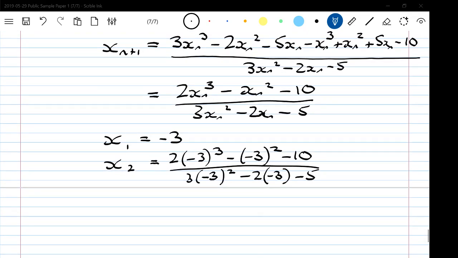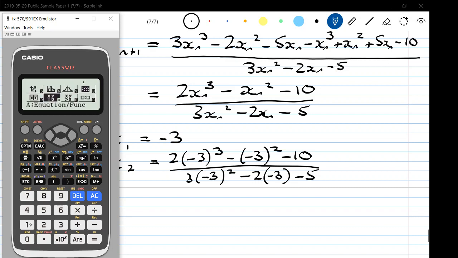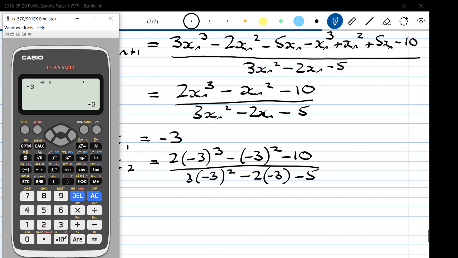I'm going to set this up in the calculator. We know how to do this, don't we? If we go to, we're going to put in minus 3 as our first answer and then do twice the answer cubed minus the answer squared minus 10 divided by 3 times the answer squared, I've gone too far up, minus 2 answers minus 5.